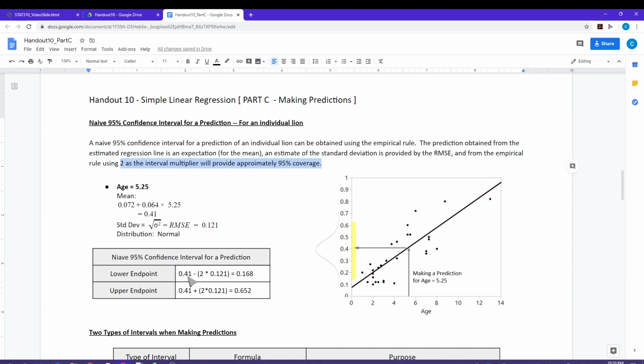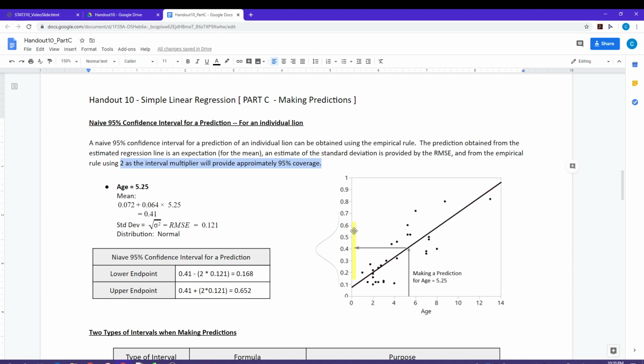So if I take my mean and subtract 2 times my root mean square error, or my standard deviation, I'm going to end up with about 0.16. That's a lower endpoint for what I would expect my predictions to be. I do not anticipate my predictions to go below that, nor do I expect them to go above about 65%.